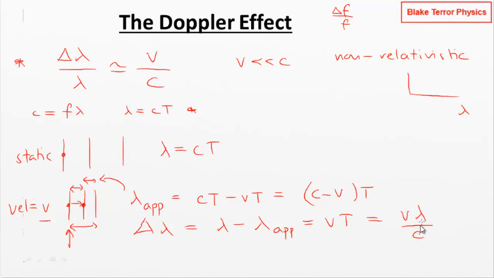Just going back to our definition of what t is, we've taken vt and said, okay, well, t from this equation here is lambda divided by c. So there we go. We then divide through by lambda and we get delta lambda over lambda is equal to v over c. And that is in the case where v is much less than c. The less it's moving, the closer this moves to an actual equality rather than an approximation.